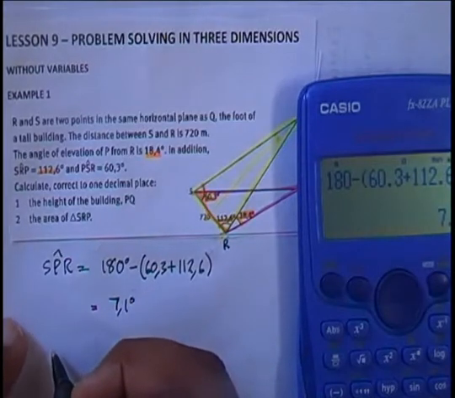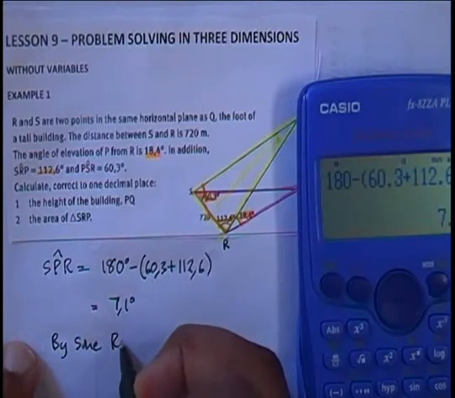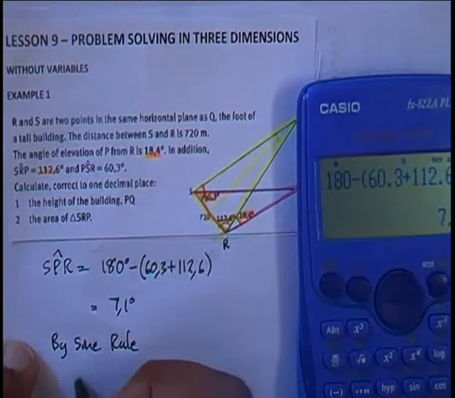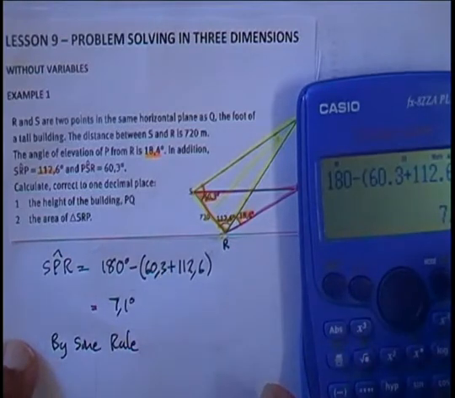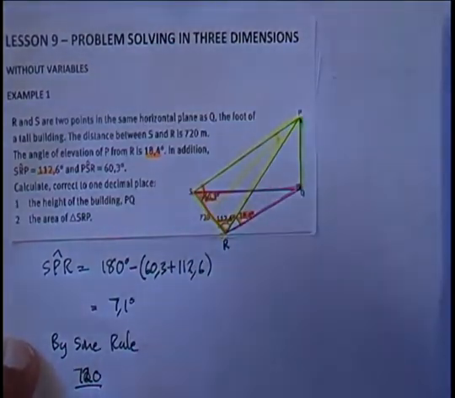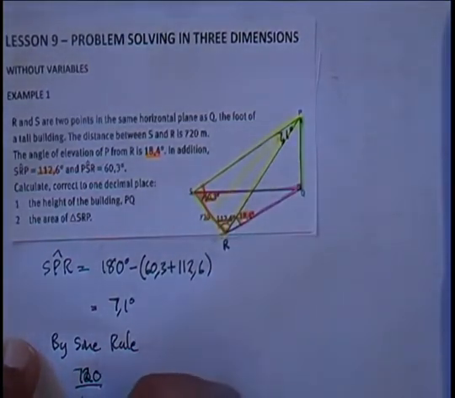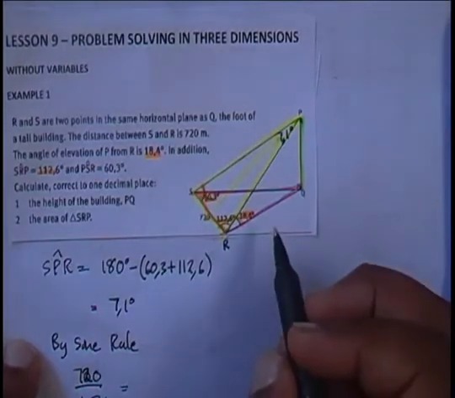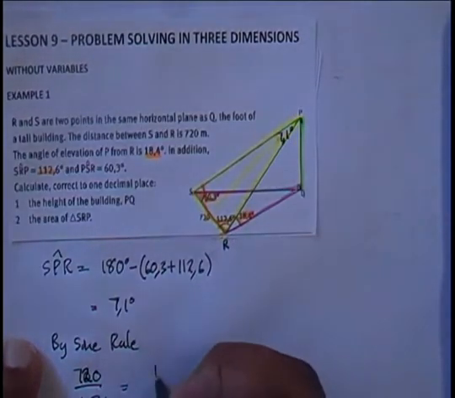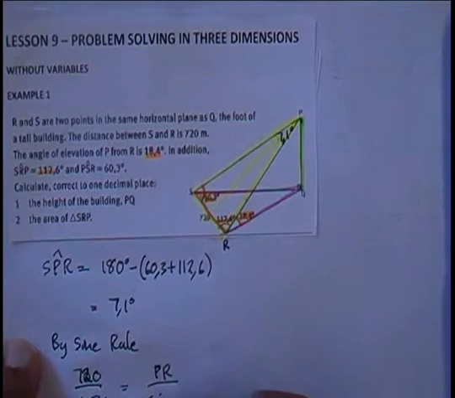Now when we use our sine rule, remember your sine rule, so it becomes 720 over the sine of 7.1, since we found this angle to be 7.1 degrees, is the same as this PR that we don't know over the sine of 60.3 degrees.